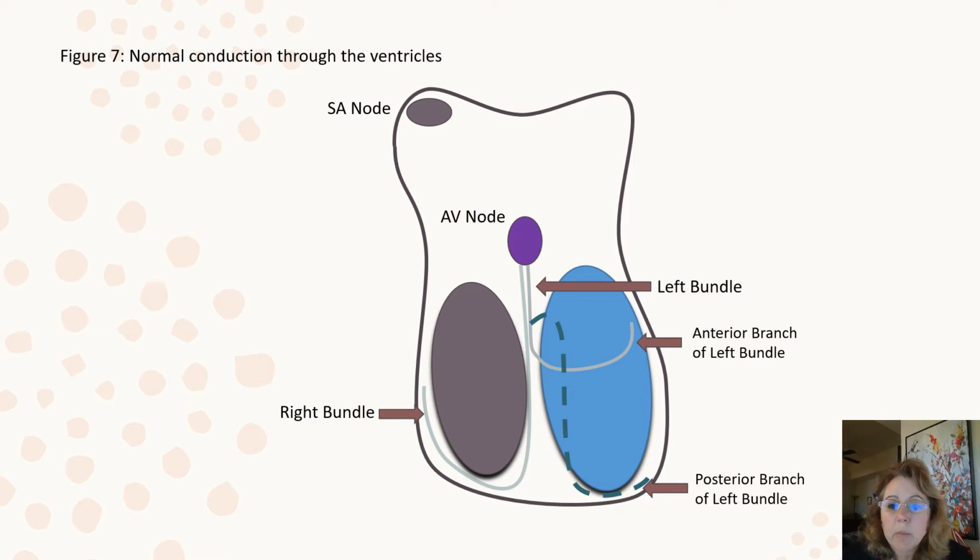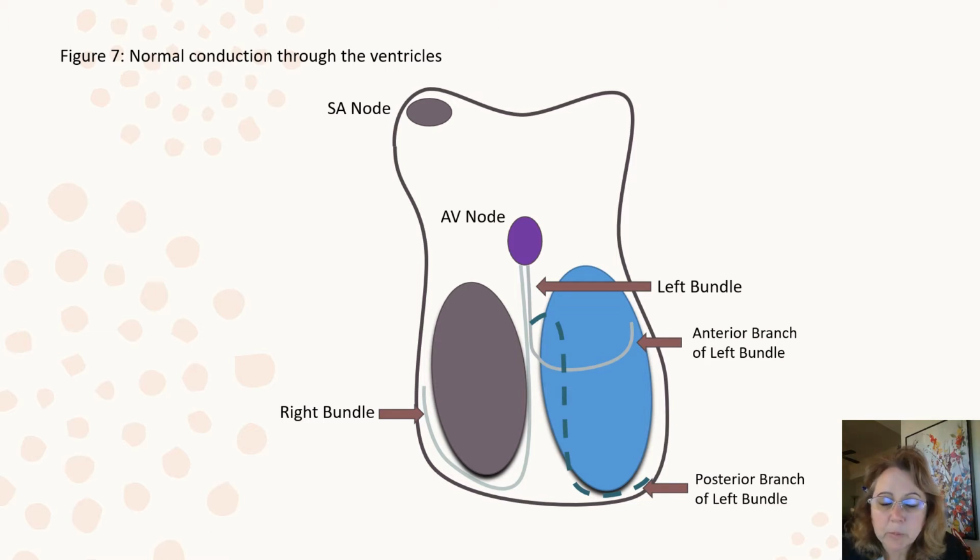And that AV node, remember, holds onto it for just a fraction of time so that the atria have time to contract. Then the AV node releases that impulse, and it's supposed to flow down the bundle branches. There's both a left and a right bundle.